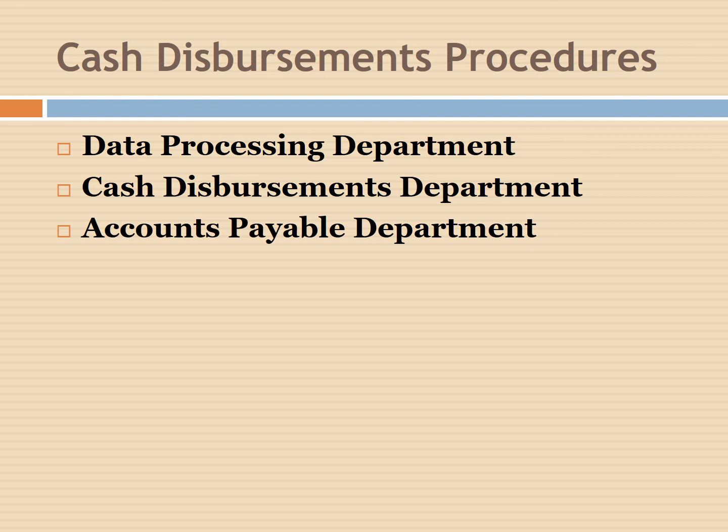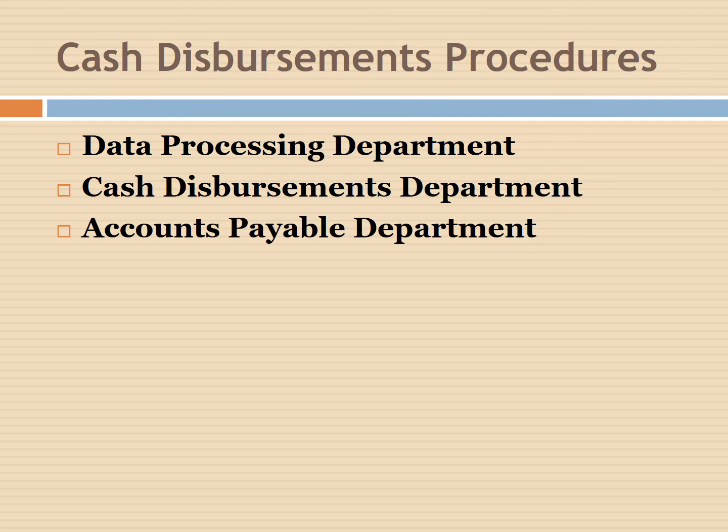In the data processing department, each day the system scans the due date field of the voucher register for items due. Checks are printed and each check is recorded in the check register. The check number is recorded in the voucher register to close the voucher and transfer the items to the closed accounts payable file.